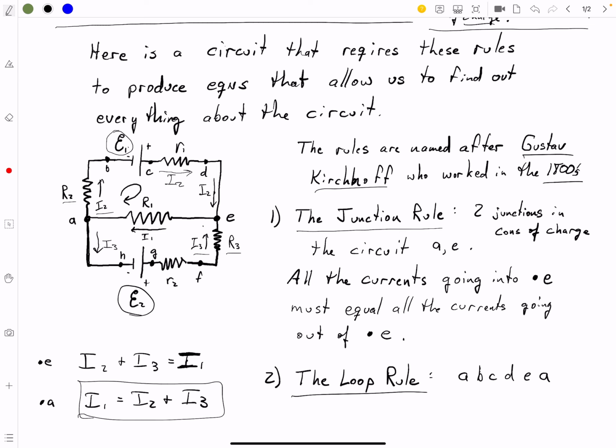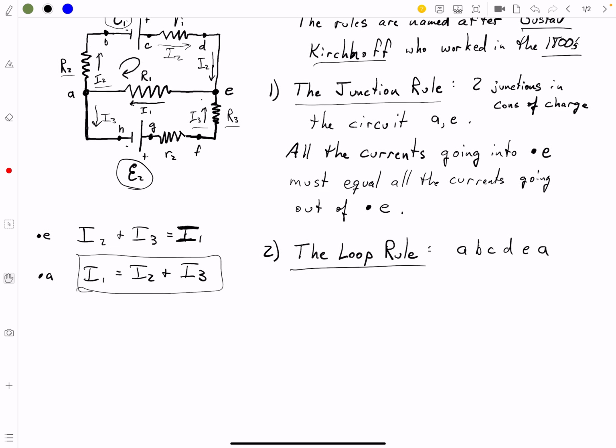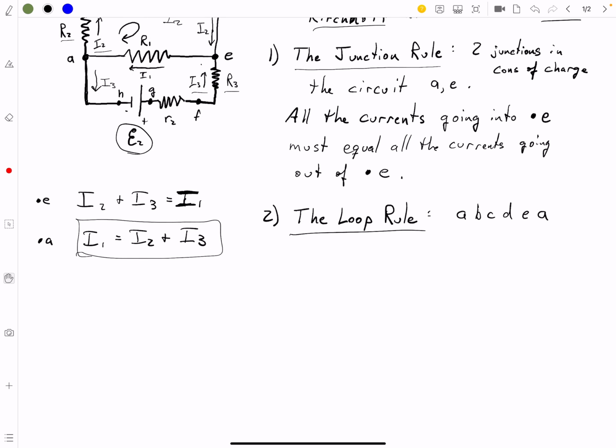That's a conservation of charge situation, and it totally works. This loop rule is a conservation of energy rule.